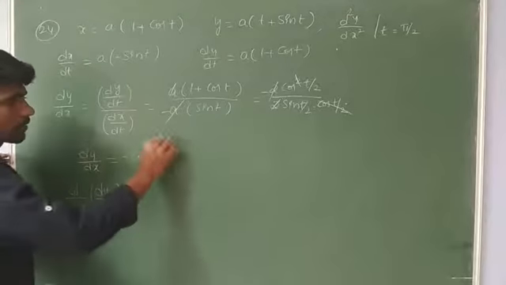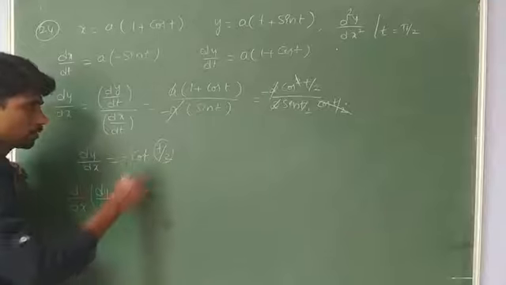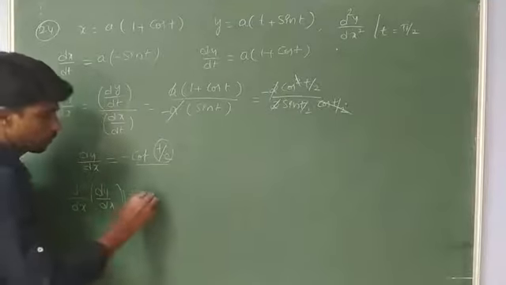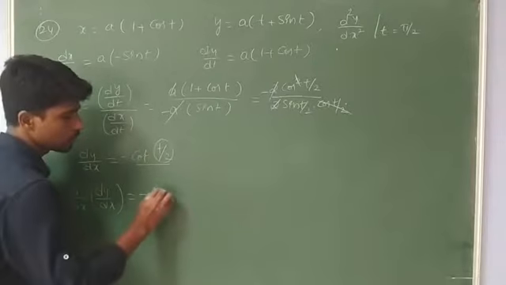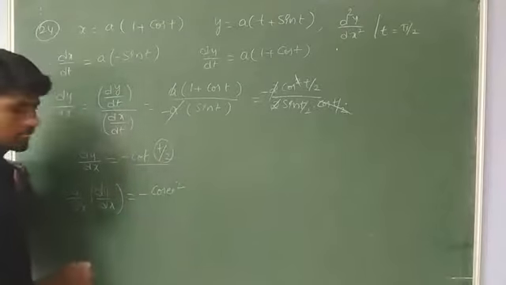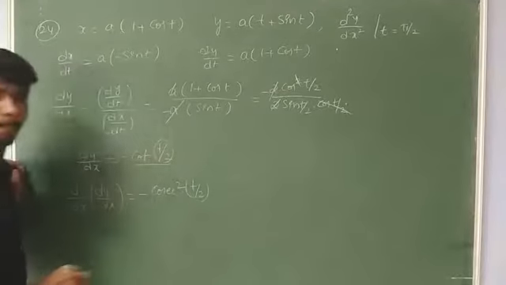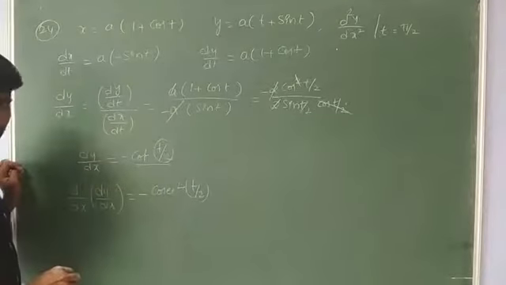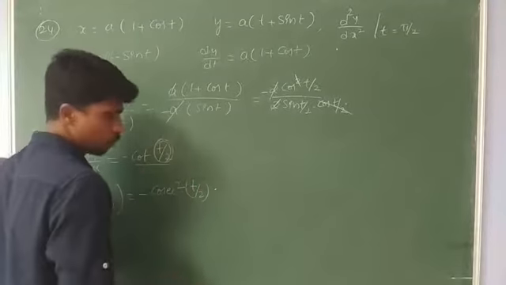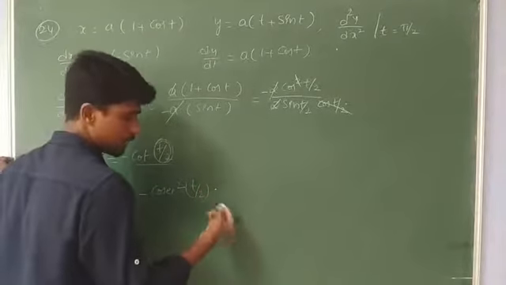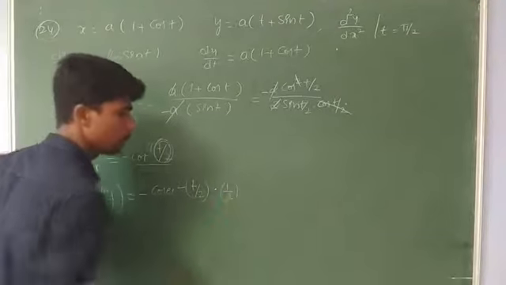So t is another variable, not a function. This particular cot t by 2, if I do differentiation, I get minus cosecant square t by 2 into differentiation of t by 2 with respect to t, which gives 1 by 2.